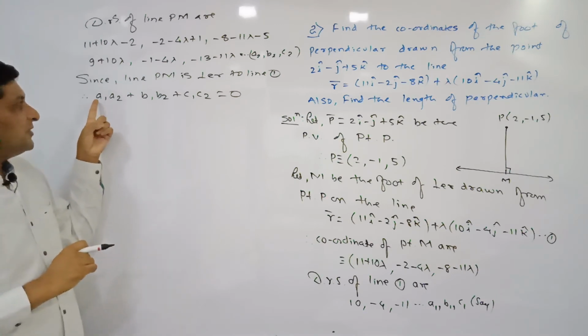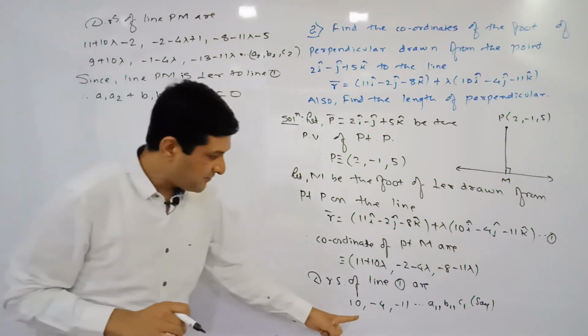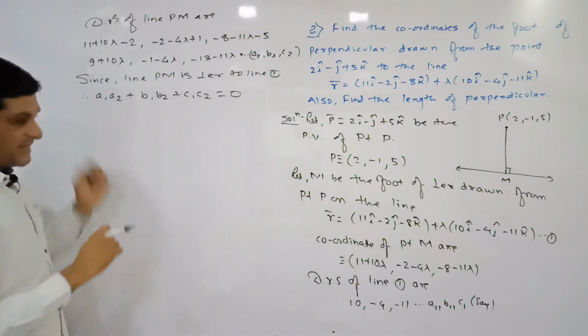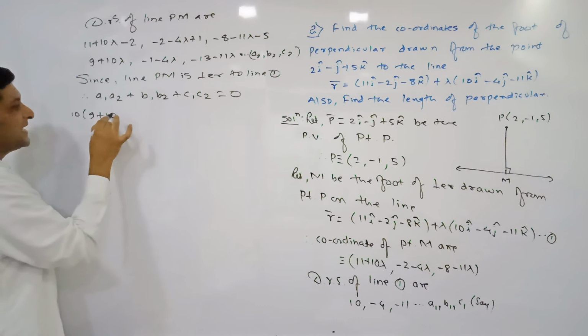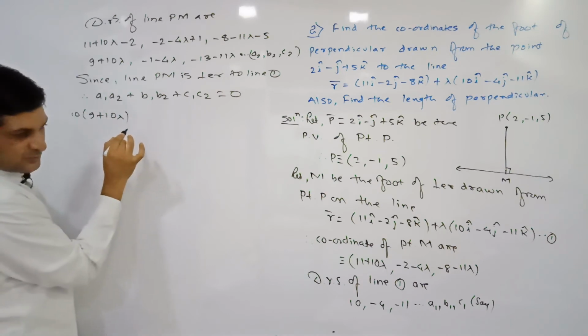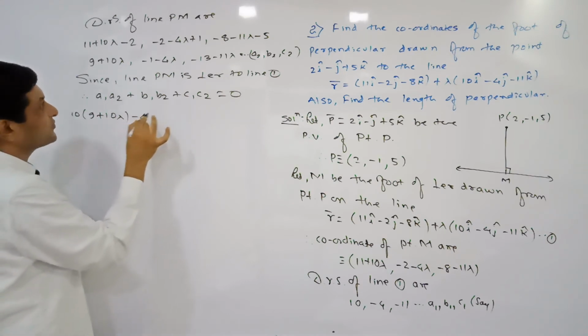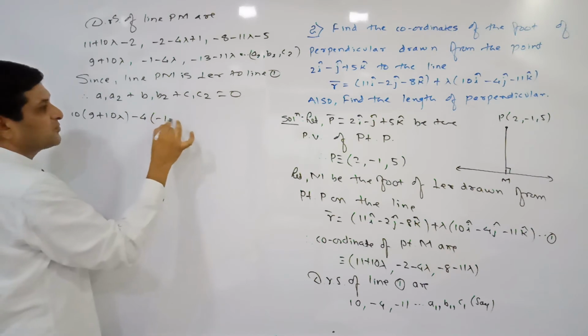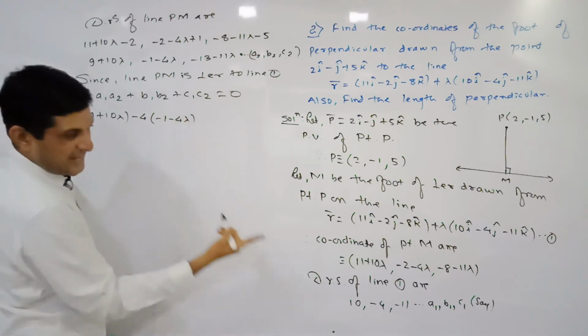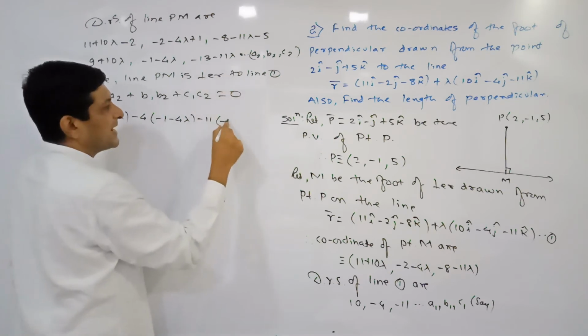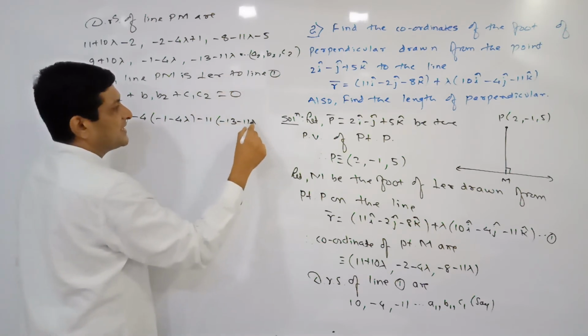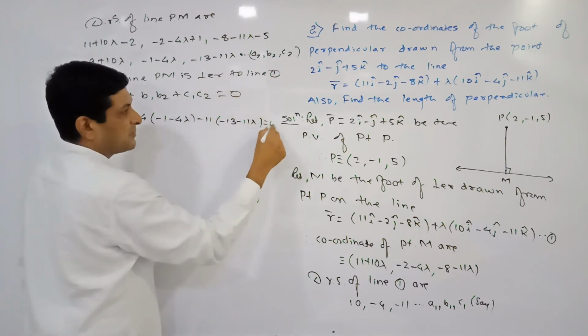Well, now A1 A2: this is the value of A1 and this is the value of A2, which means 10 into 9 plus 10 lambda. B1 B2 means -4 into -1 minus 4 lambda, and C1 C2 means -11 into -13 minus 11 lambda. On this side 0, keep it as it is.